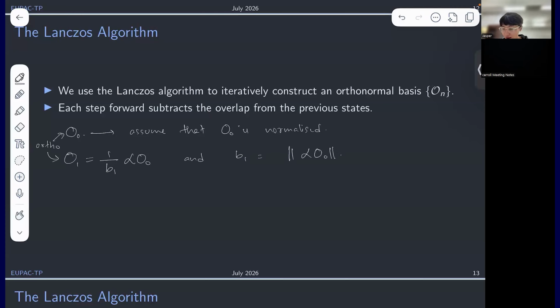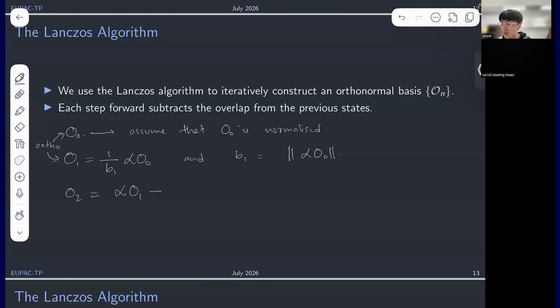Now, if we want to define our next vector O2, we will be using a procedure called the Gram-Schmidt procedure. What it says is we act on our previous operator O1 with the Liouvillean and subtract whatever is overlapping with our new operator O2.